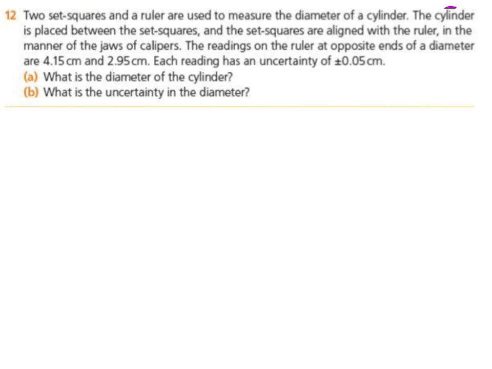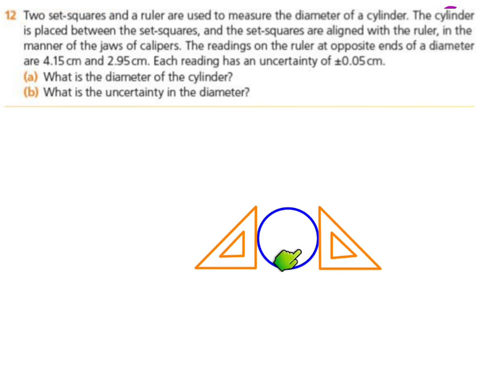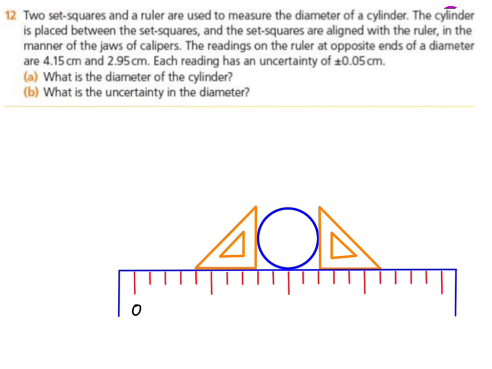Here's another question which says that two set squares and a ruler are used to measure the diameter of a cylinder. So you are using two set squares and a ruler to find the diameter of a cylinder. The cylinder is placed between the set squares like this, and the set squares are aligned with the ruler.